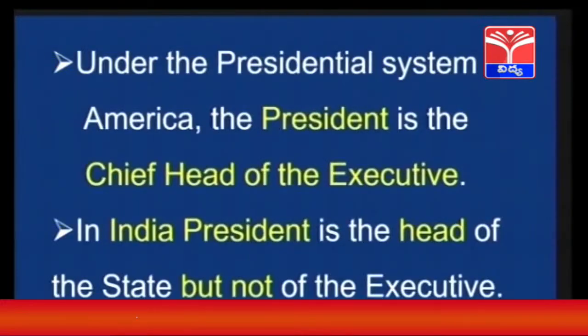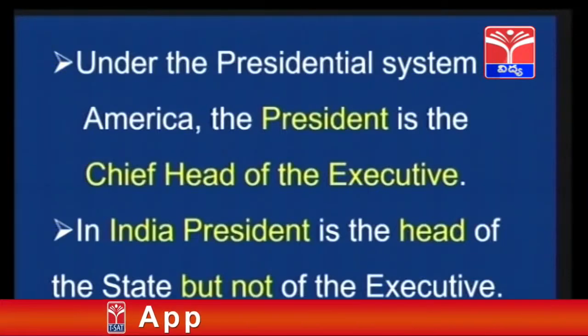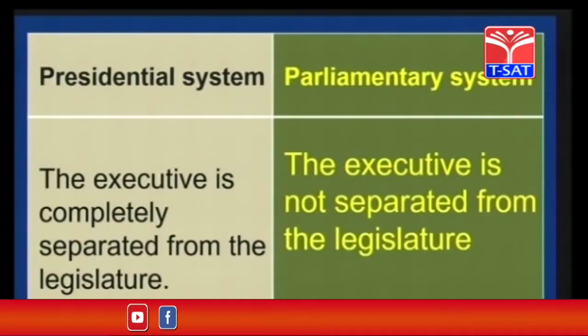If we see the differences, under the presidential system of America, the president is the chief head of the executive. In India, the president is the head of the state, but not the executive. We can see some differences here.